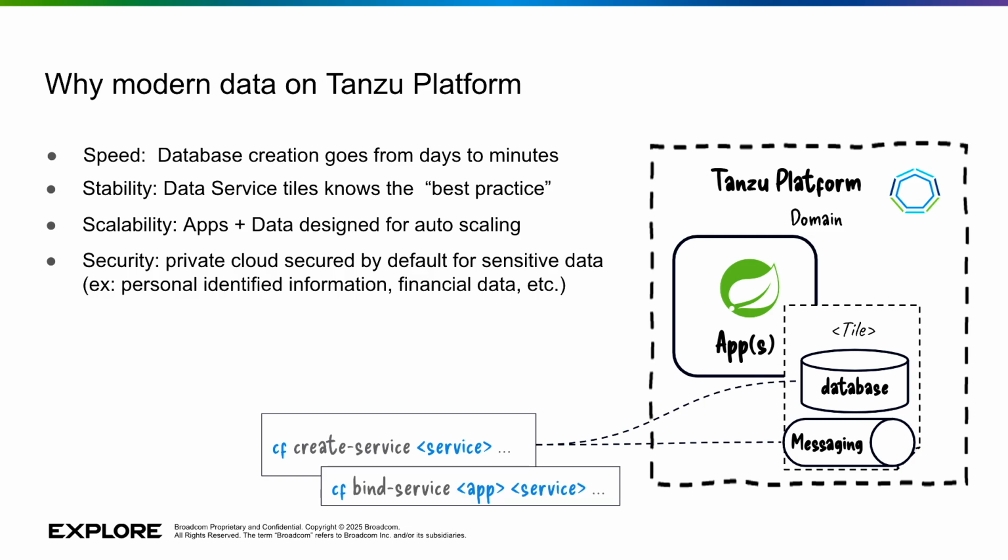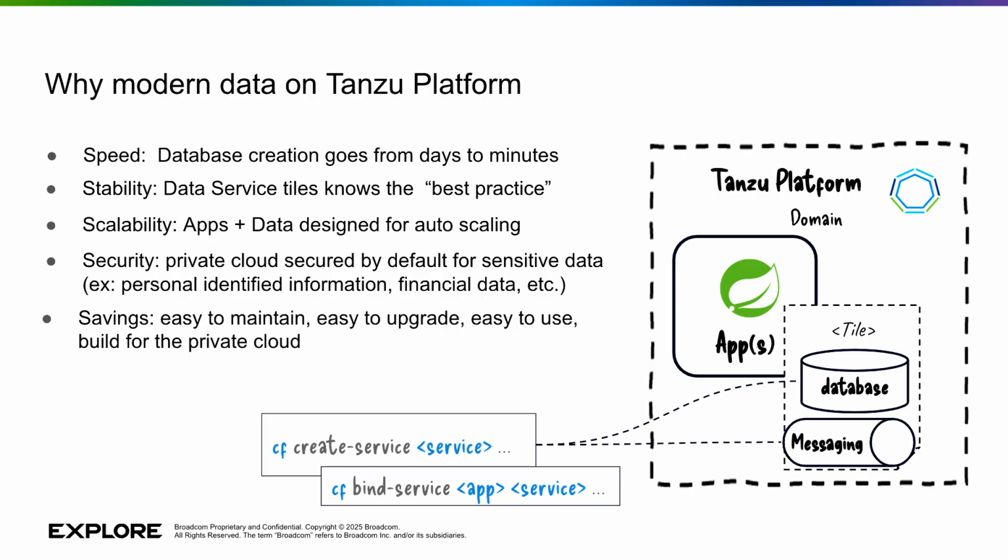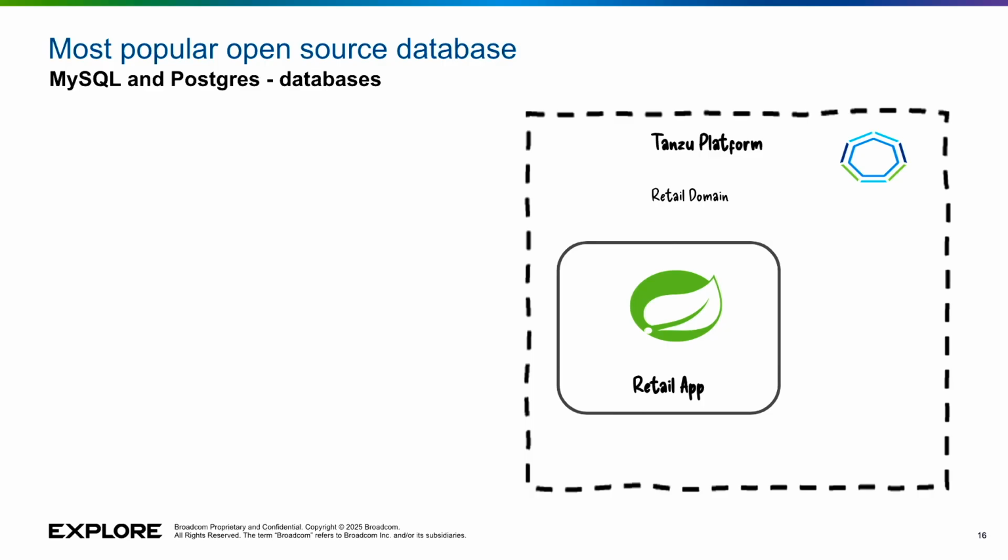And you could just bind a service to the app, and the platform will just give the app the credentials at runtime. And ultimately, all of these things just save you time and ultimately money, right? So it makes it easy to not only create, but maintain them, upgrade them anywhere.